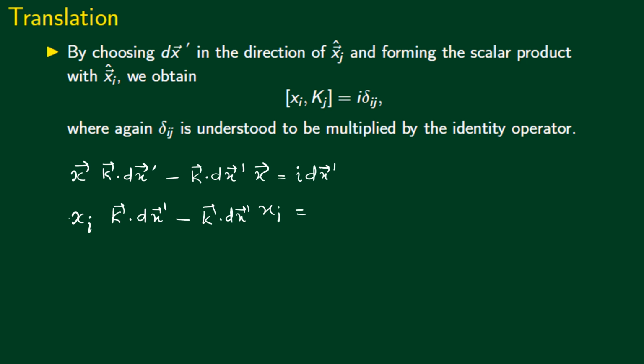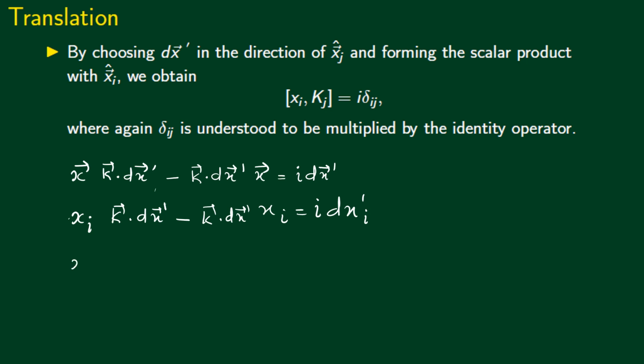Remember that this k vector dot dx vector prime does not have any index. It's a scalar product. It's an inner product. It doesn't have any index. Right? So the only object with an index is this x vector here. Right? So x_i k vector dot dx vector prime minus k vector dot dx vector prime x_i. I'm taking the ith component on both sides. So I've got this i, which is the imaginary, and dx prime i. Right? This i is the index, not imaginary. Right? This is the index.